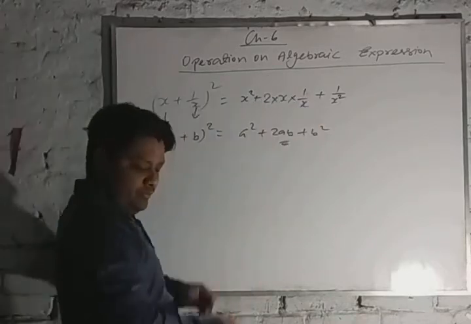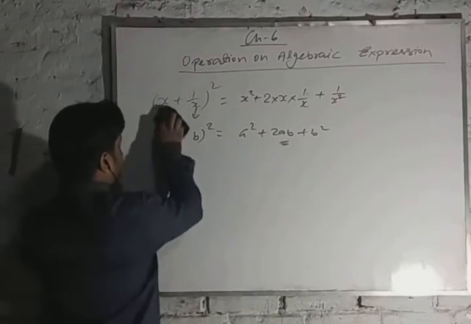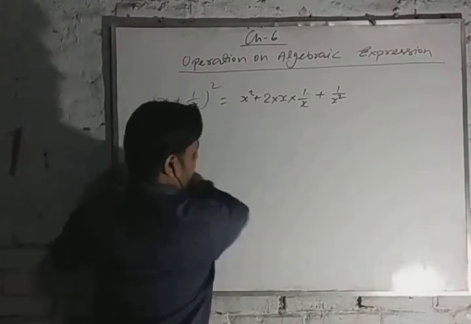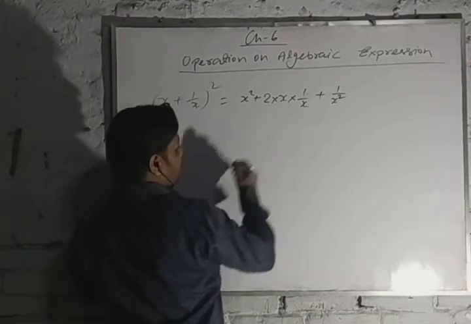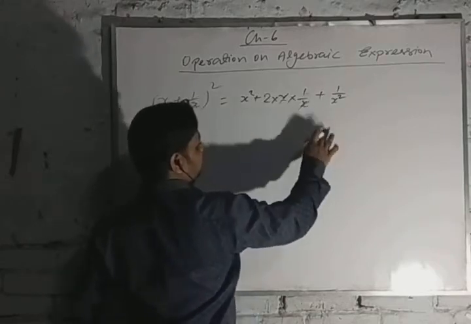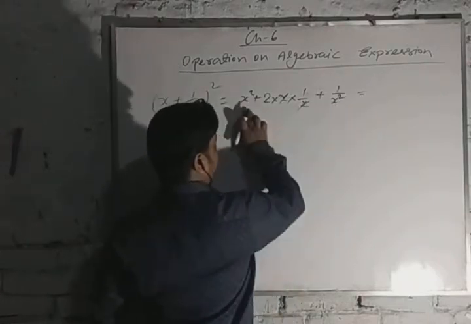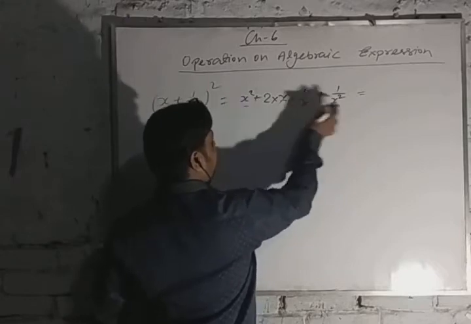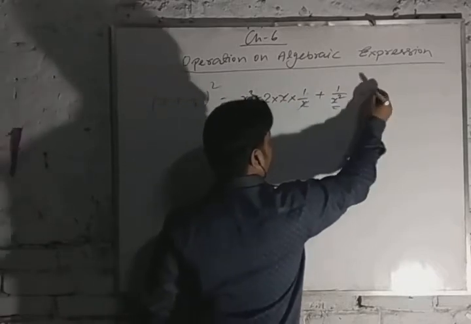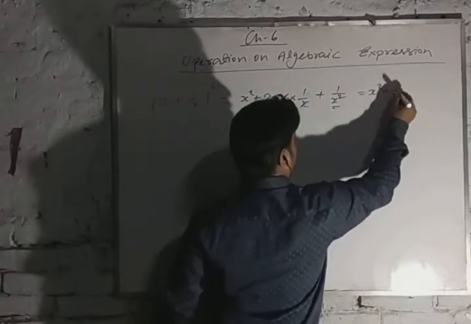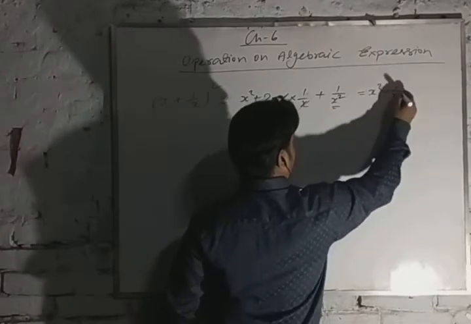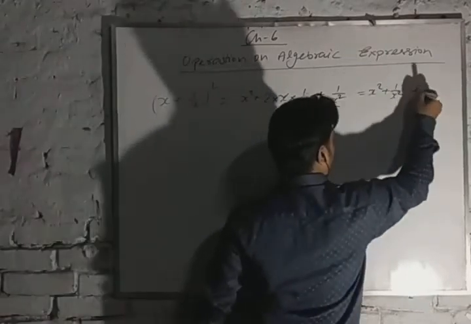Now see, here you can see that x and x cancel out. Then what value will you get? x square, and after that write this term first, then x square plus 1 by x square, and then plus 2 only. So plus 2.